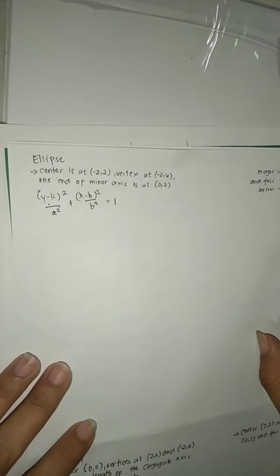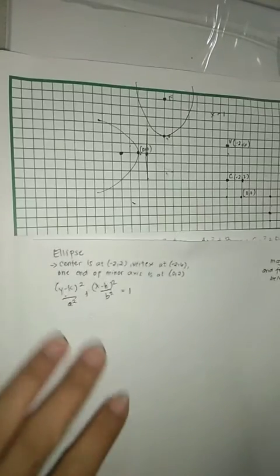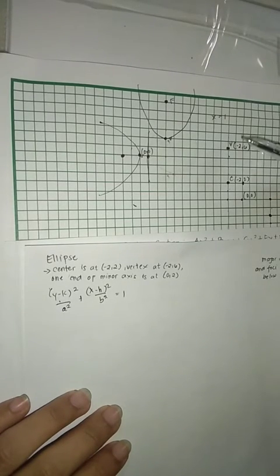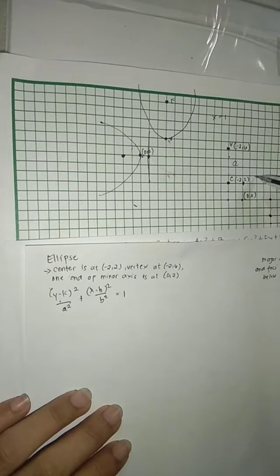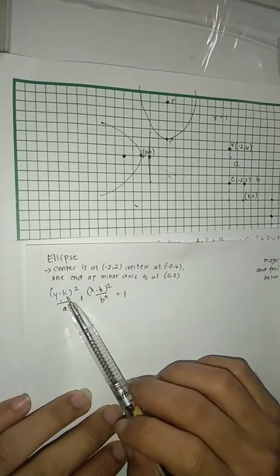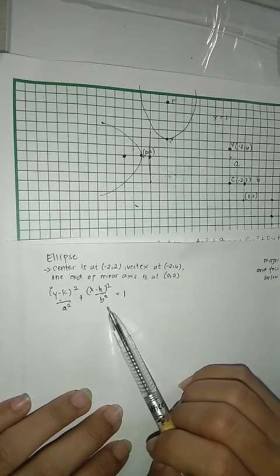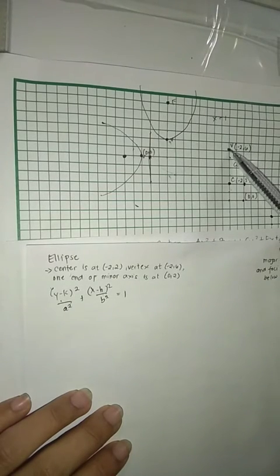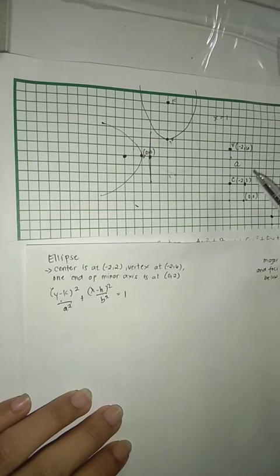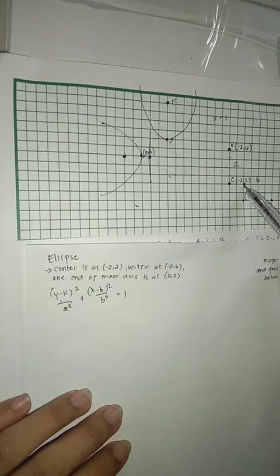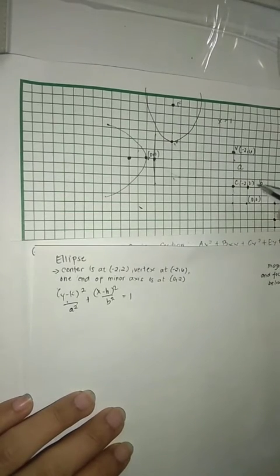Okay, so I have to find a and b. I already have the center h and k, but I don't have a and b, so I have to find the distance between the vertex and the center, and the center to the co-vertex, which is here, at 0, 2.